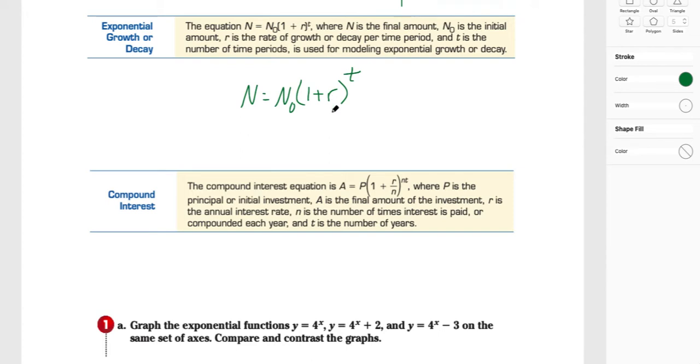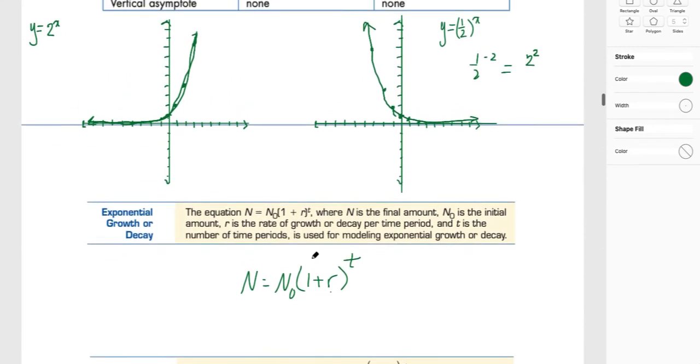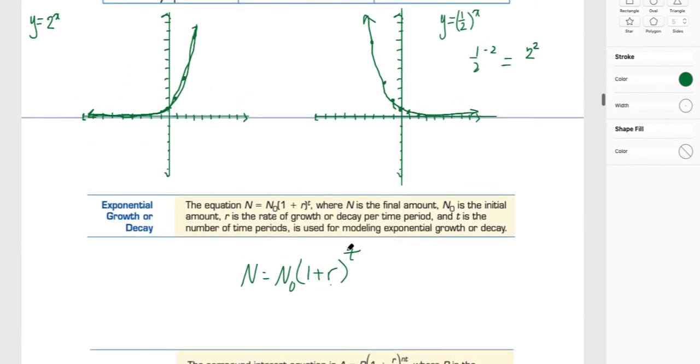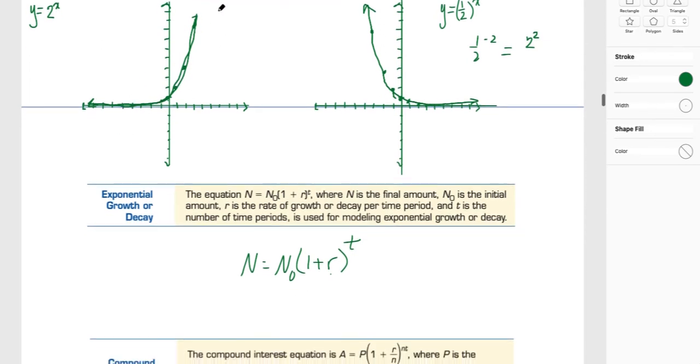So if we are growing, this is going to be a positive value. If we are decaying, this is going to be minus. Therefore, 1 minus some value is going to bring us down to a fraction that is less than 1, but greater than 0. And then you can see we'd have decay. Whereas 1 plus is going to bring us to a b value that's greater than 1, and therefore we'd have growth.